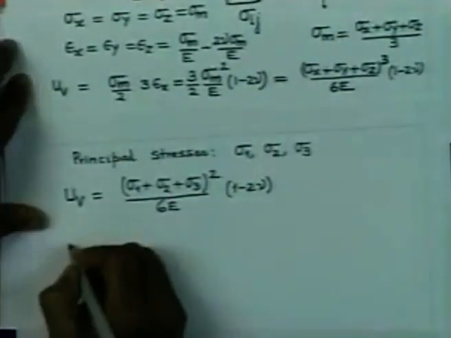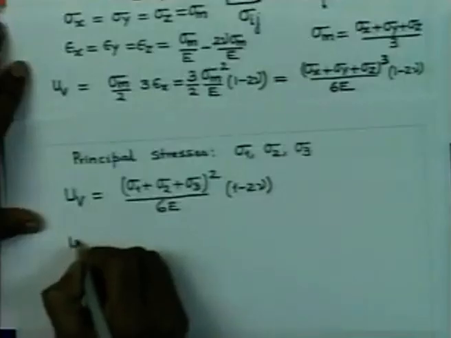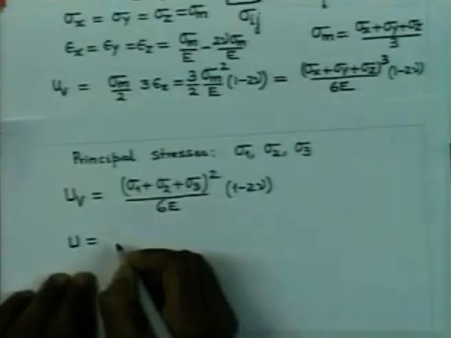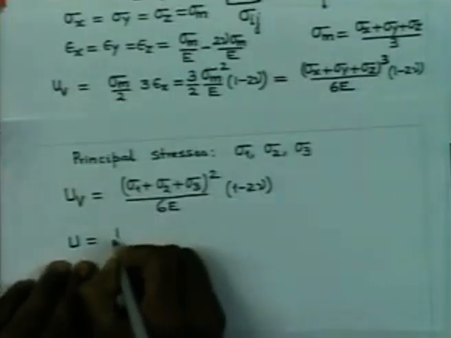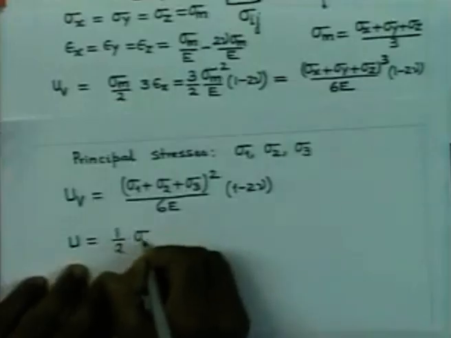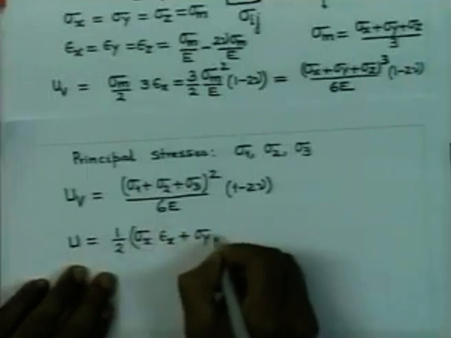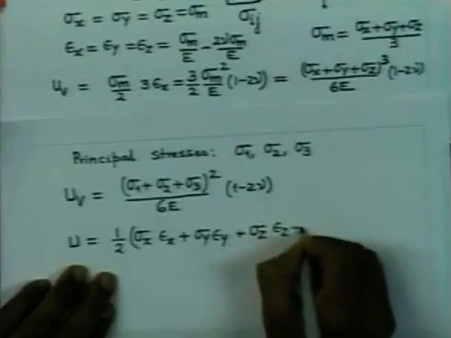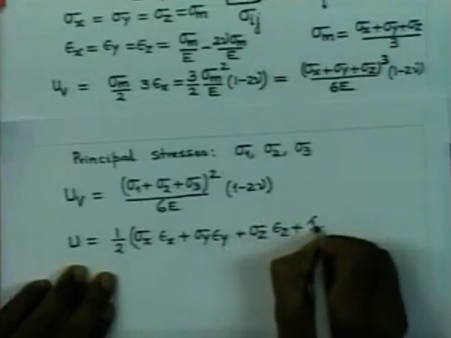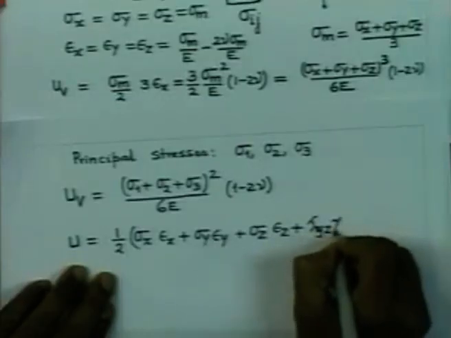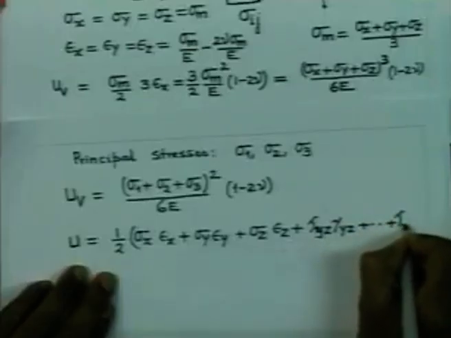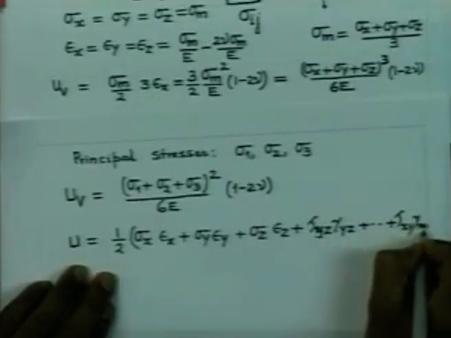Now, the total strain energy density. So, total strain energy density U is due to the stresses sigma ij, that we can write half sigma x epsilon x plus sigma y epsilon y plus sigma z epsilon z plus the product of the shear stress and shear strains. So, this will be gamma xy.